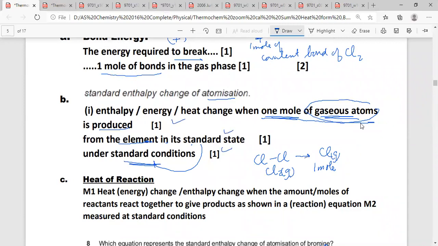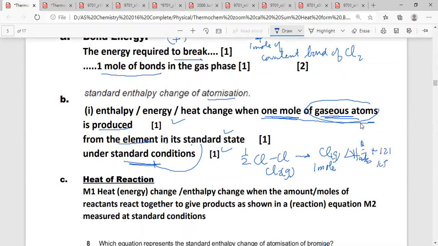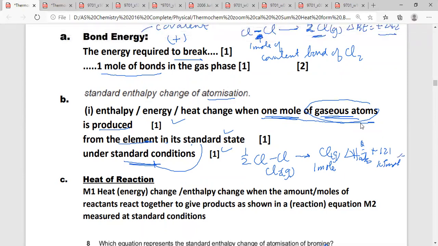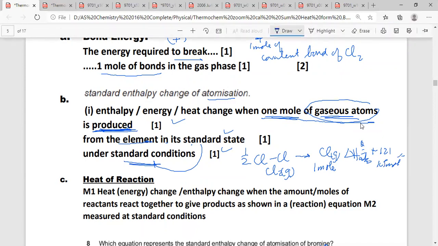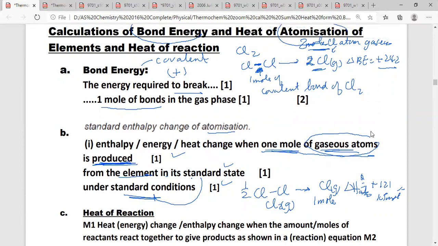So to form 1 mole here, I must put in half. That's why the heat of atomization is half of this value, plus 121 kilojoules per mole. Here we are interested in the products, whereas for bond energy we are interested in the reagents, the 1 mole of covalent bonds. That's why there's a question that actually asks you the reason.